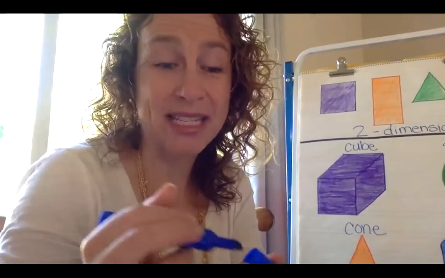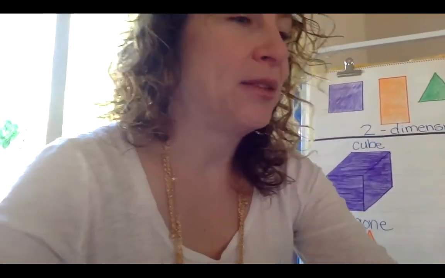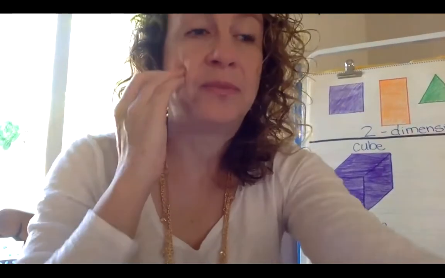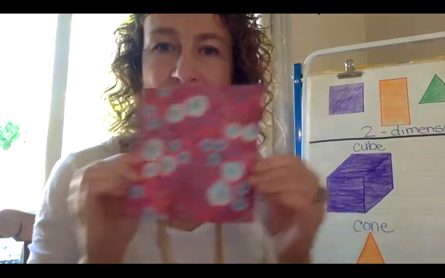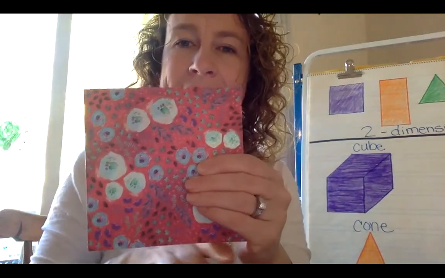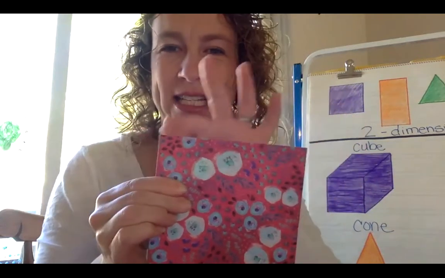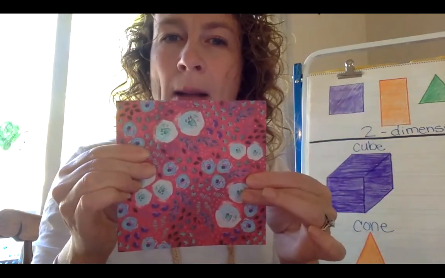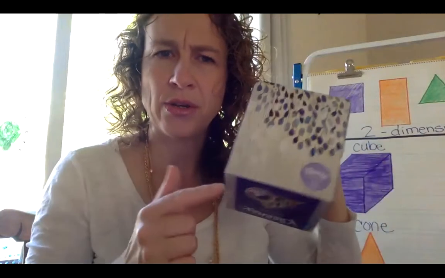Now I'm going to show you some examples of shapes, okay? So here we have a square. It's flat. It has sides, 4 of them. It has the vertices. It's a square. But I can look at this shape, and I can also see some squares.